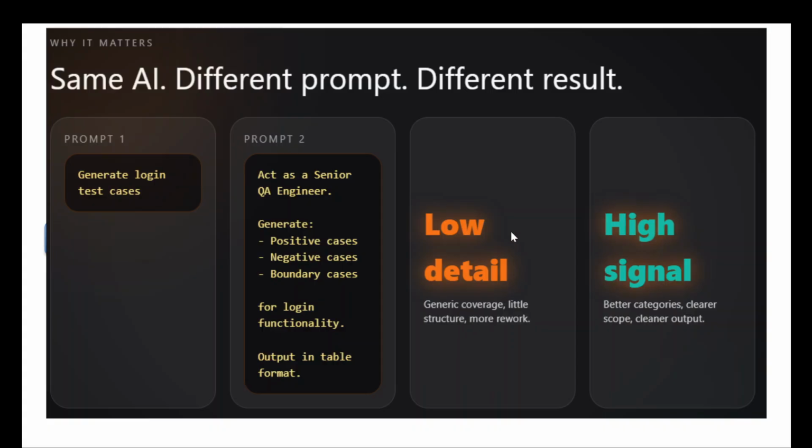If you provide low details, it will generate generic coverage with little structure and more rework. But if you provide detailed context, it will give you better categories, clearer scope, and cleaner output. We will see some practical examples as well, but just first understand the concept of different prompt techniques.